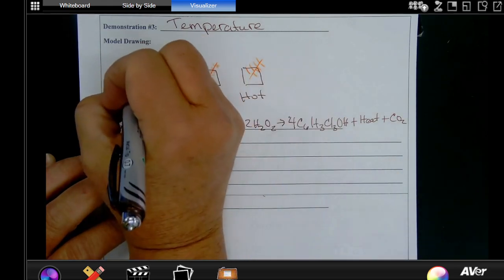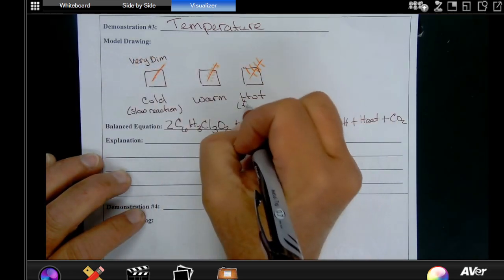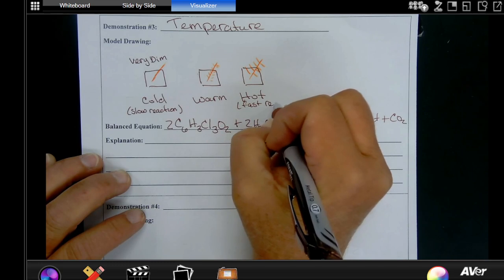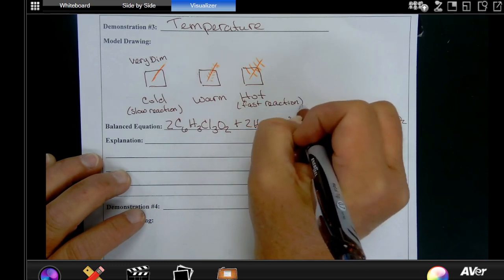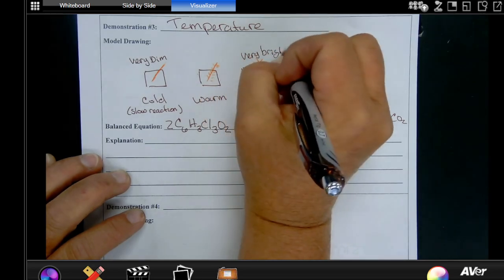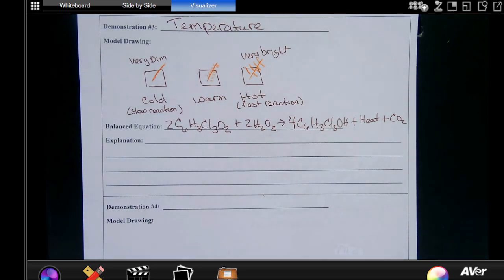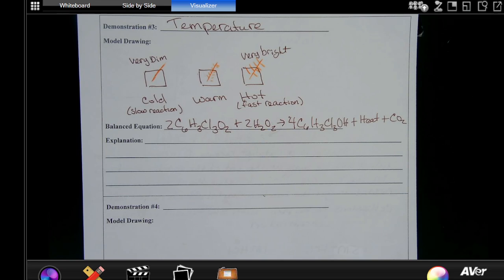Because it was very dim. This was the fast reaction because it was very bright, okay? Put those back there.